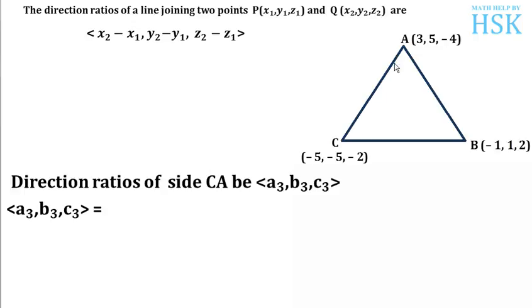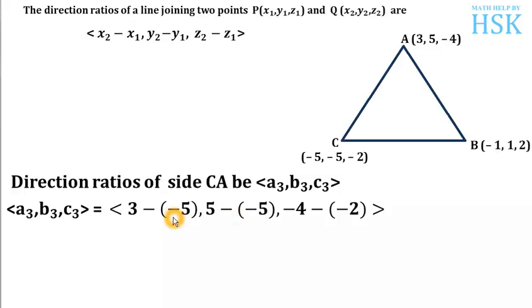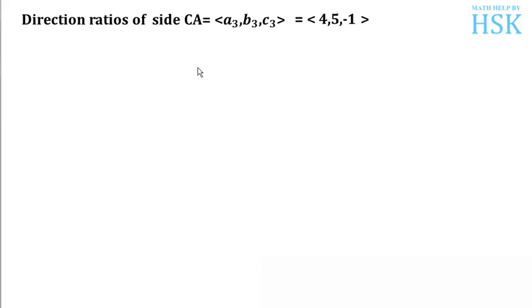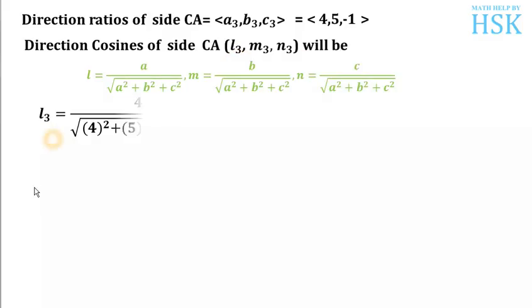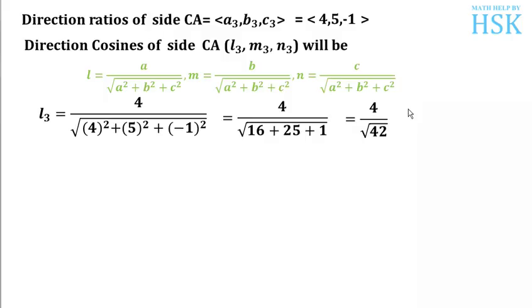Similarly for the side CA, we assume the direction ratios as a3, b3, c3. a3, b3, c3 again will be equal to the differences of coordinates: minus 3 minus minus 5, 5 minus minus 5, minus 4 minus minus 2. And in simplest form it will be equal to 4, 5, minus 1. Again using the direction ratios of the side CA, we can write the direction cosines of the side CA, that is l3, m3, n3. l3 will be equal to 4 upon the square root of a3 square plus b3 square plus c3 square, that is 4 square plus 5 square plus minus 1 square, which on solving gives us 4 upon the square root of 42.